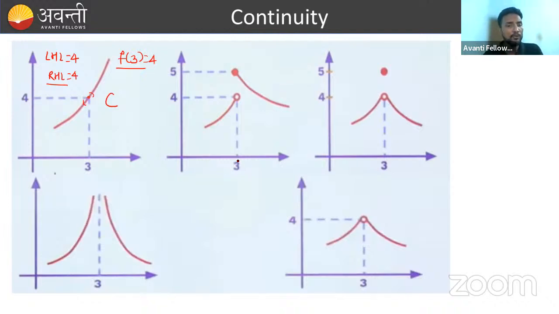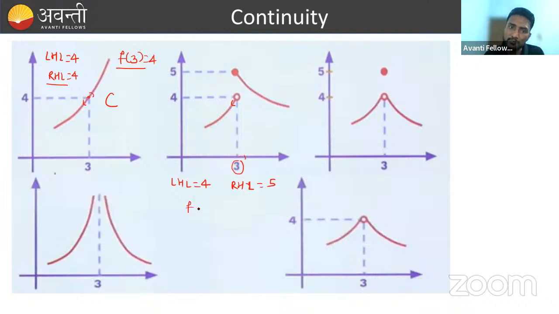Second, if you go to the second graph, on the left hand side LHL will be 4. On the right hand side, the graph suddenly jumped from 4 to 5, so RHL will be 5.